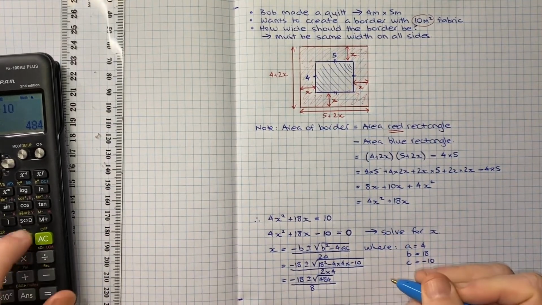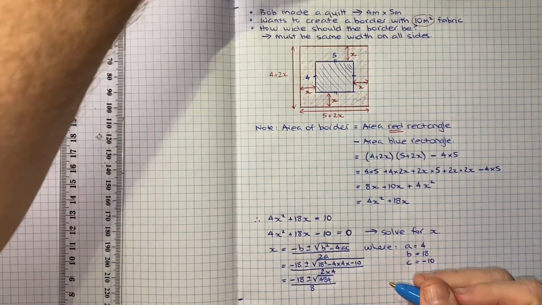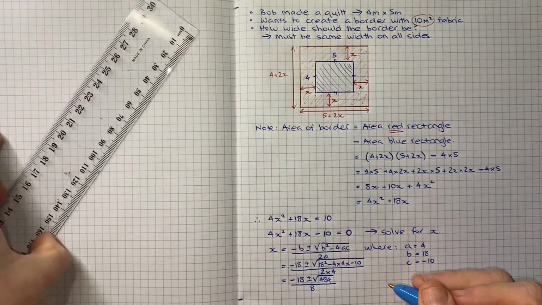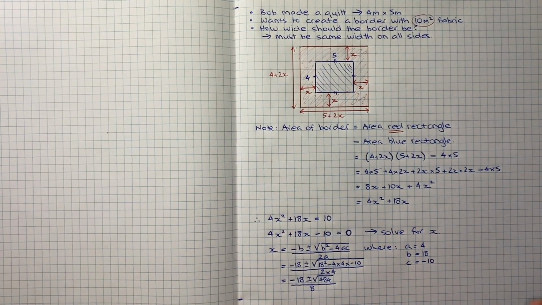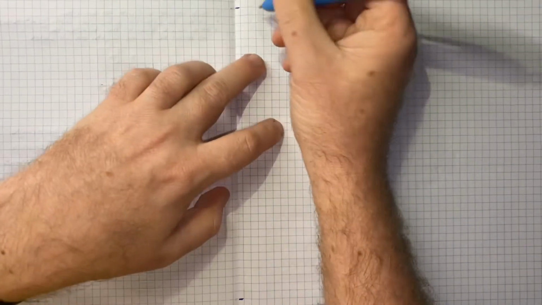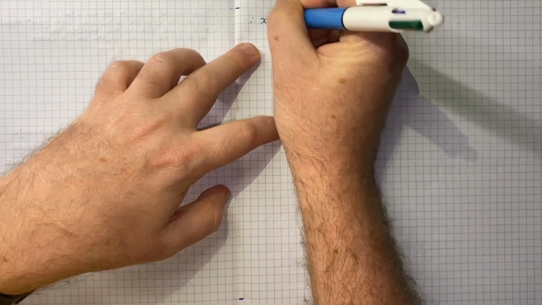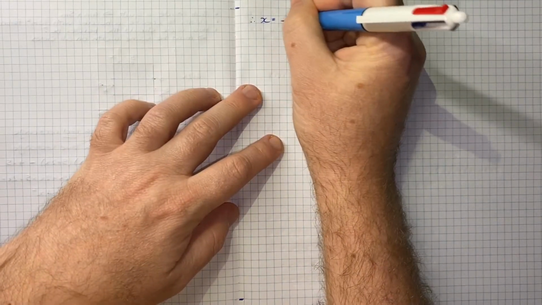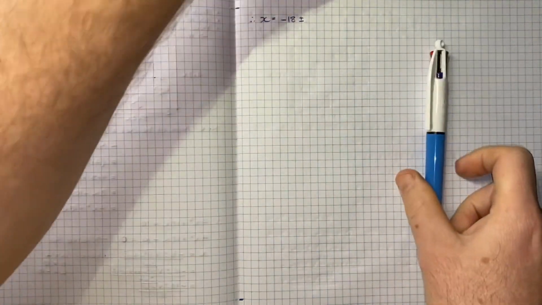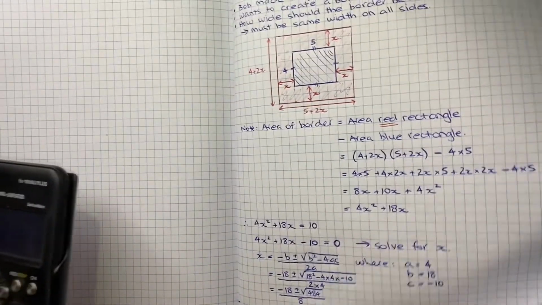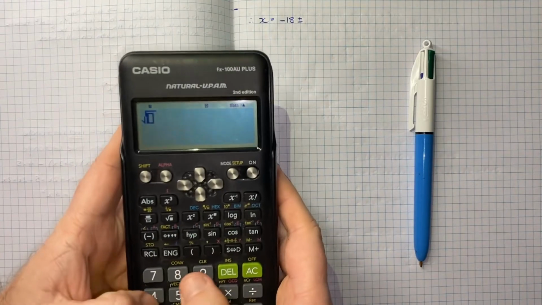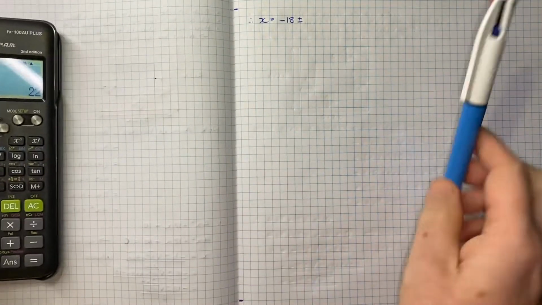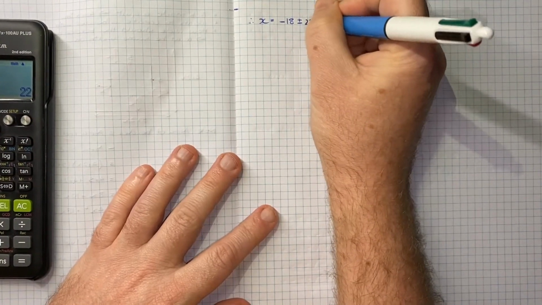And at this point I might turn over just so that we can carry on the next page. So therefore we can say that x will be equal to -18 plus or minus, and let's have a look at the square root of 484. The square root of 484 is 22, which is nice and clean, and it was all divided by 8.